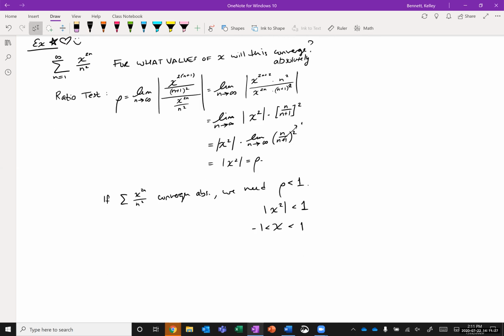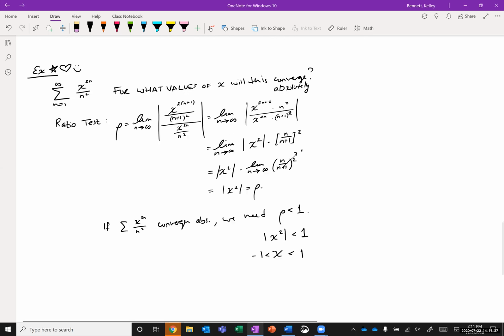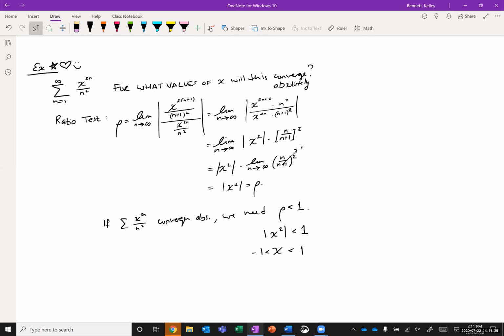A lot of times for radius of convergence, people will say absolute value of x is less than some number. That's kind of like the setup. So if you want to compute a radius of convergence, that's how you do it. You let x be arbitrary, and then you go through either the root or the ratio test or whatever test you feel would be appropriate to determine that this converges for all such values, and then figure out how x plays into that.